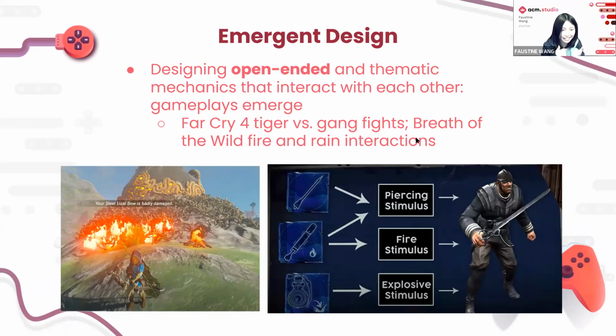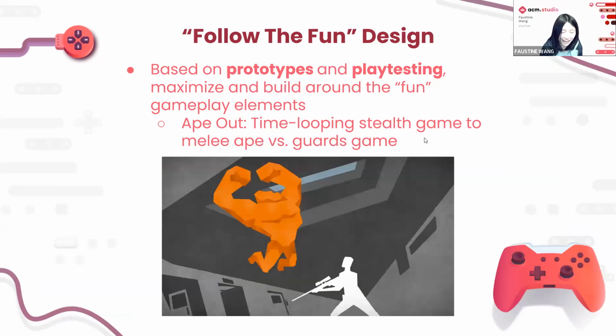Another design philosophy is to follow the fun. Basically, people make a lot of prototypes, and through playtesting, identify the fun elements of the game, and the gameplay will maximize and build around the fun elements.